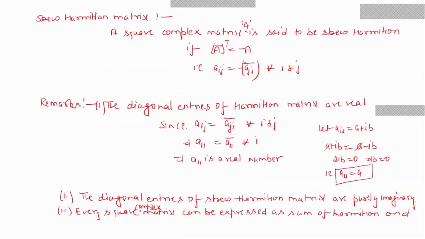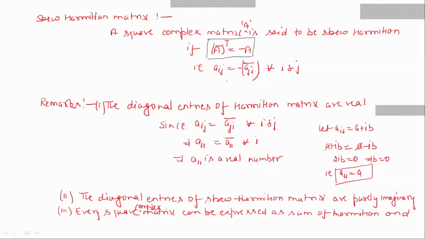The skew Hermitian matrix is the realization of the skew symmetric matrix from the real to the complex number system. The criteria is: a square complex matrix is said to be skew Hermitian if it satisfies A conjugate transpose is equal to minus A. That means Aij is equal to minus of Aji conjugate.